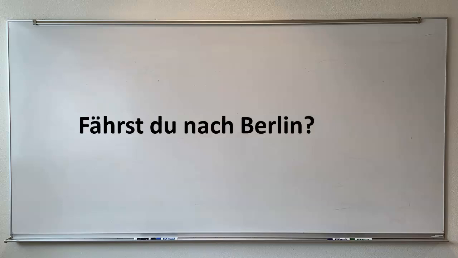Are you driving to Berlin? Notice it does have the umlaut. How did I know that? Well, I just do. You know that the du form takes the umlaut. Fährst du nach Berlin?